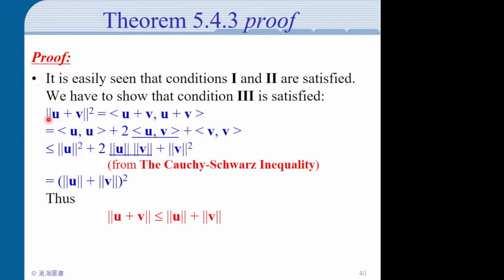So the norm squared of u plus v, as defined, is the inner product of u plus v with u plus v. Then we know it's linear in both arguments, so we can use the distributive rule. So it's u inner product with u, plus v inner product with v, and the cross terms, by symmetry, once again give twice u inner product with v. Now we can use the Cauchy-Schwarz inequality we just proved.